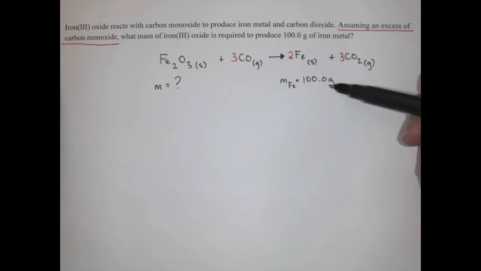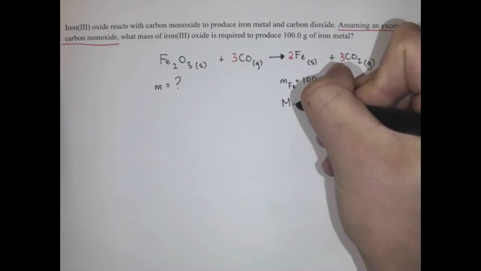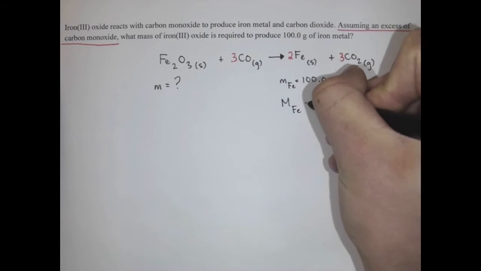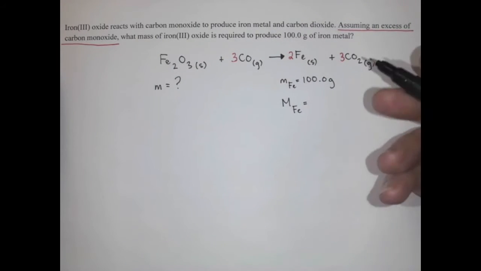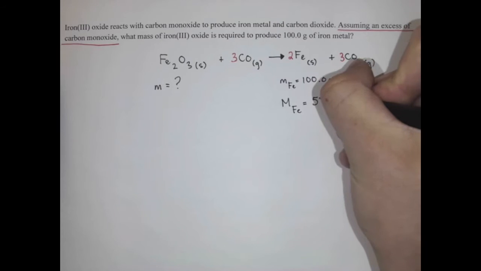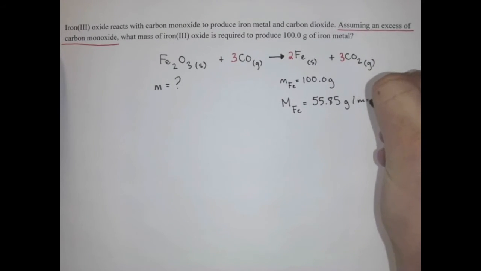So we have a mass of iron, it's 100 grams. With everything, we need to convert it into moles. So to do that, we need its molar mass. And the molar mass of iron is 55.85 grams per mole.